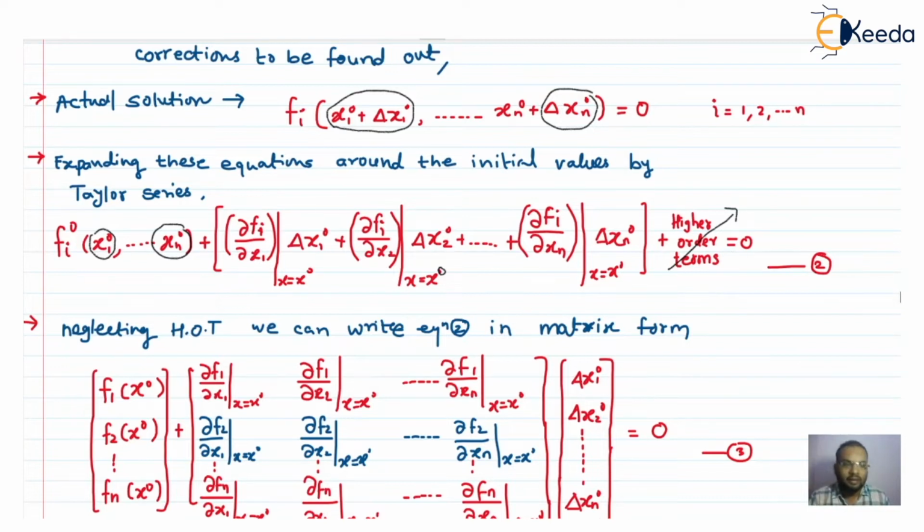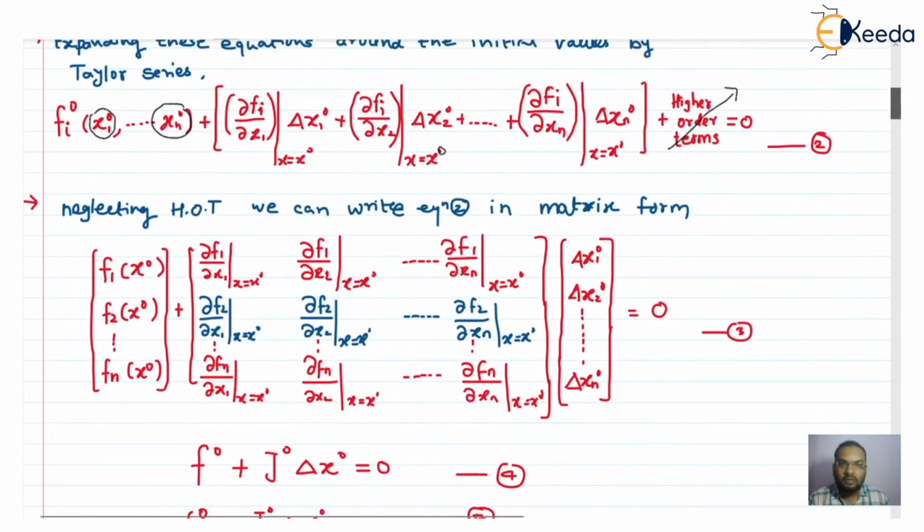If I neglect this higher order term, then this equation number 3, the Taylor series expansion, can be written in matrix form as follows. Here it is the function at the assumed or initial values. Let us suppose this is the first equation with initial assumed values, the second equation, and so on, since we have n nonlinear algebraic equations, up to f_n.